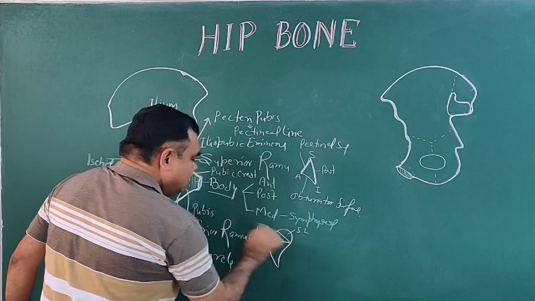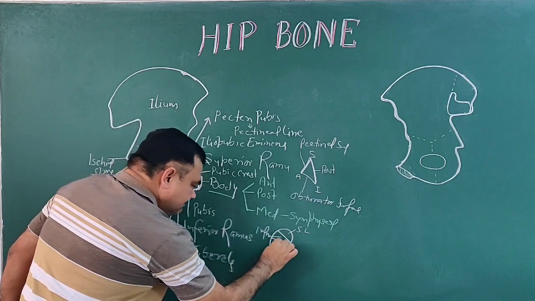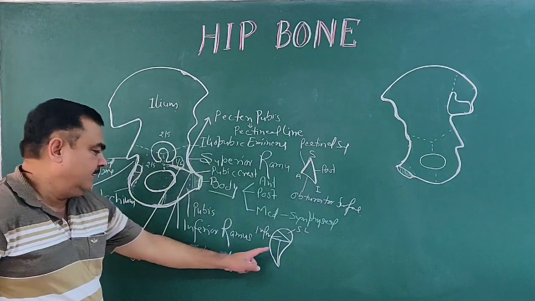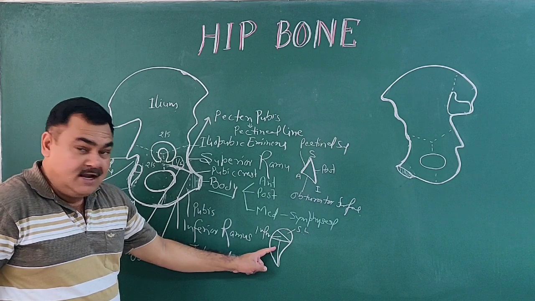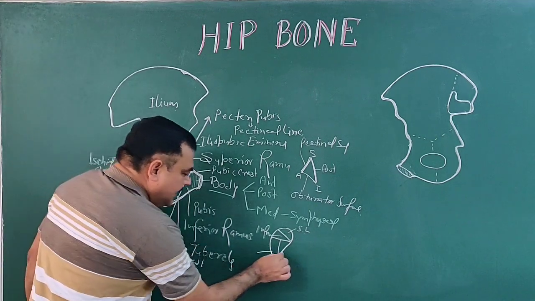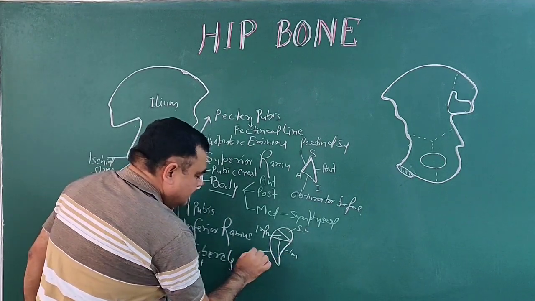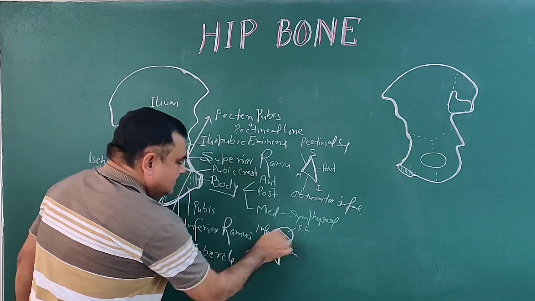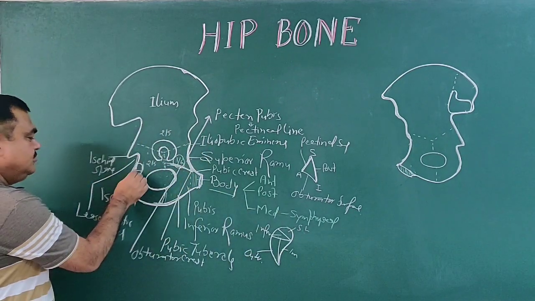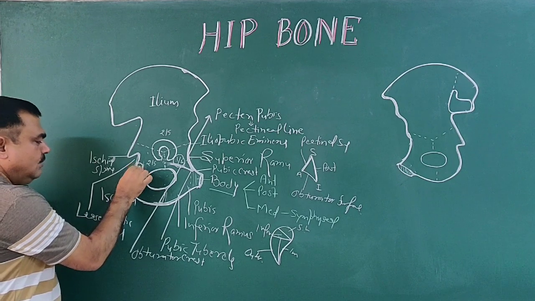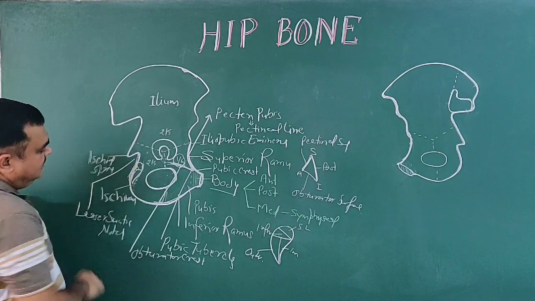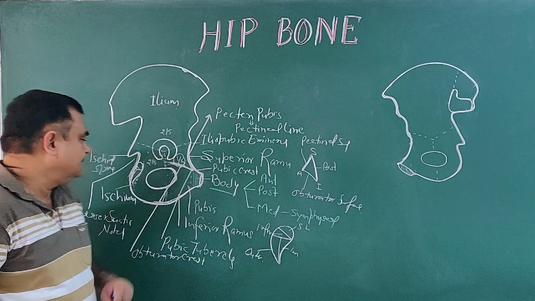The lower part is again divided by a transverse line into an outer and an inner part. So this ischial tuberosity is divided into four parts, like this.